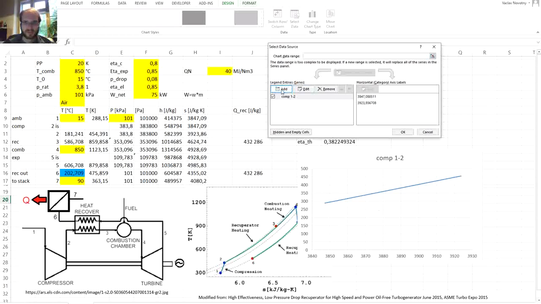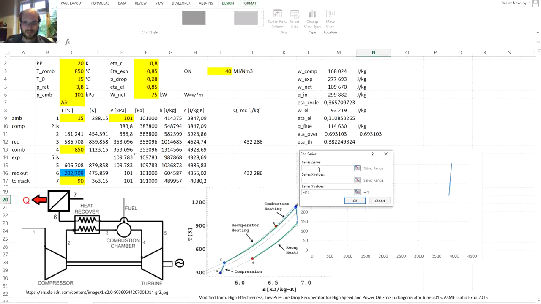Now it still looks somewhat different than what we have here, but let's add the other thermodynamic processes. The second one would be the recuperator heating, 2 to 3. X values, entropy between 2 and 3, Y values, temperatures between 2 and 3.